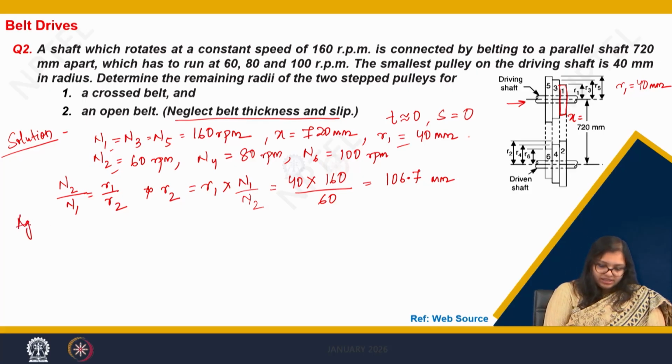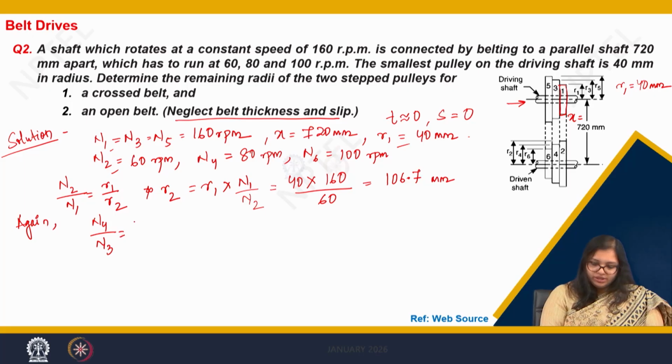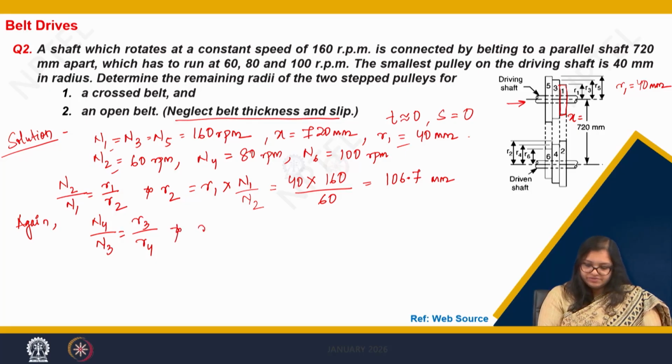Now, again, for my second set of pulley, that is N3 and N4, N4 by N3 is equal to R3 by R4. So this gives me R4 is equal to R3 multiplied by N3 by N4.